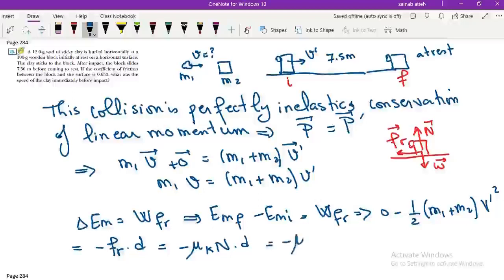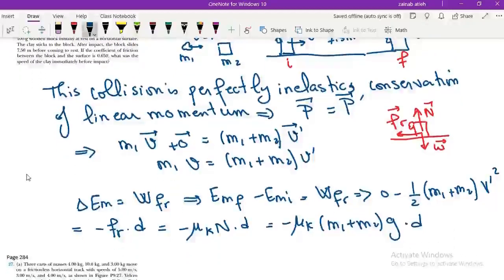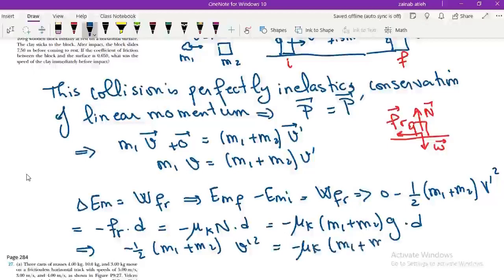I will get minus mu K N, where N equals mg. Here I have the system, whose mass is M1 plus M2, so M1 plus M2 times g times D. This implies that I get minus half M1 plus M2 V prime squared equals minus mu K M1 plus M2 g D.